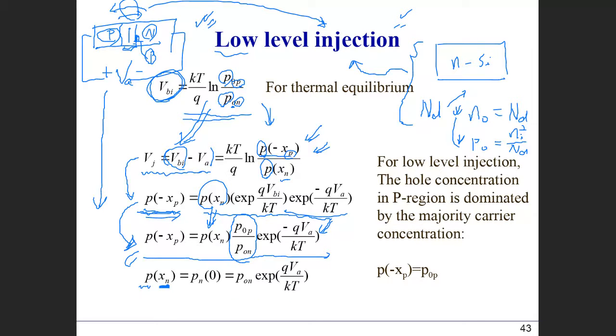So to get this equation, we use this condition in here. The condition tells us the p side hole concentration, p side hole meaning the majority carrier in the p side.